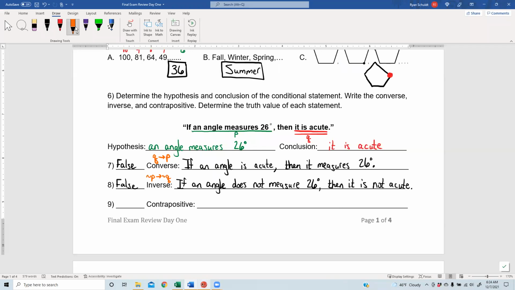And then for the contrapositive, that's if not Q, then not P. So if an angle is not acute, then it does not measure 26 degrees.